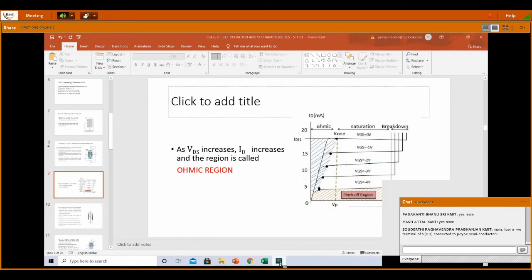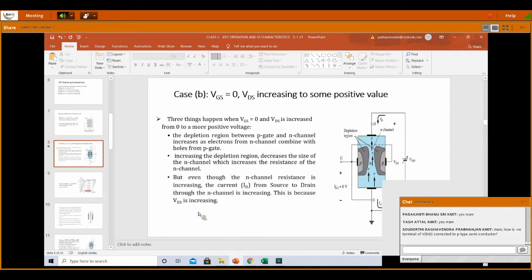For VGS we have not given any connection till now. This is the second case where VGS is 0.